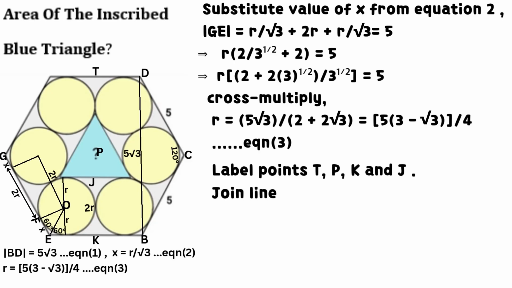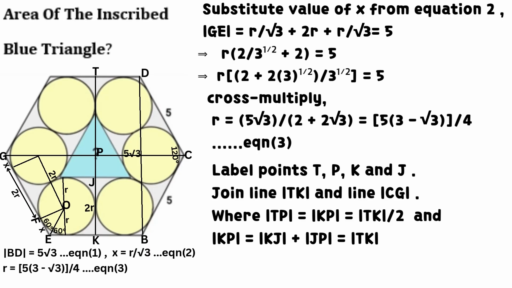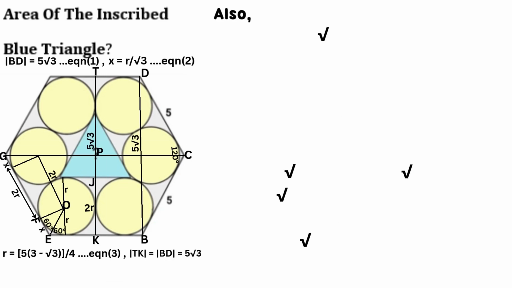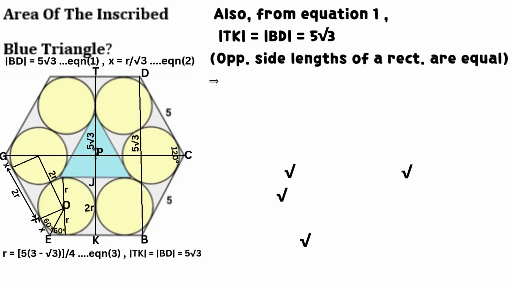Label points T, P, K, and J. Join line TK and line CG, where TP equals KP, which equals half of TK. Also, KP equals KJ plus JP, which equals half of TK. Also, from equation 1, line TK equals line BD, which equals 5 times the square root of 3.